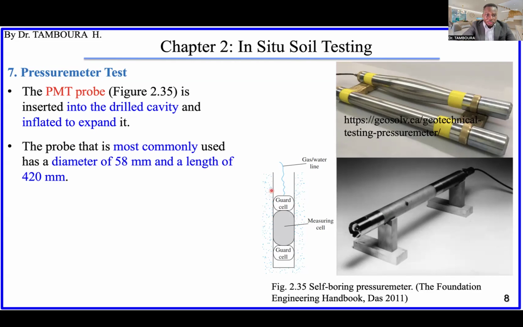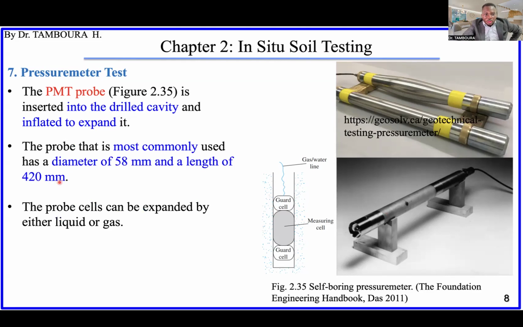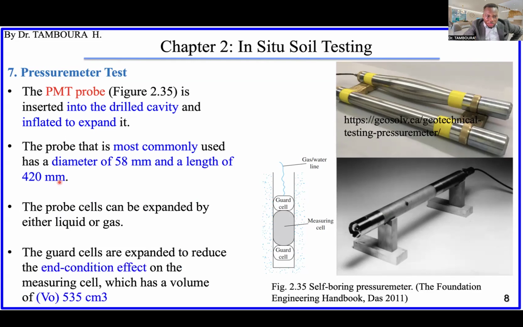The size, diameter of probe that is most common is 58 millimeter, meaning 5.8 centimeter as a diameter, and the length is 42 centimeters. We can use both liquid or gas to expand the probe.